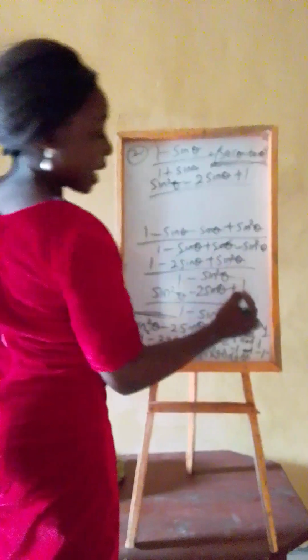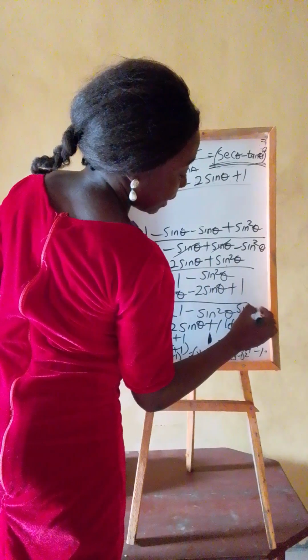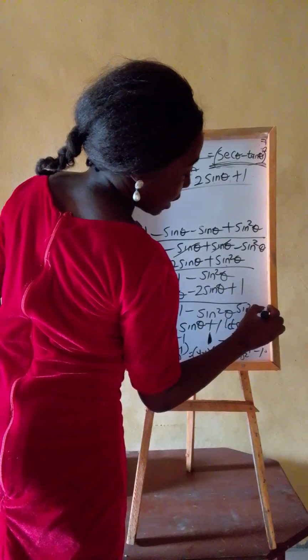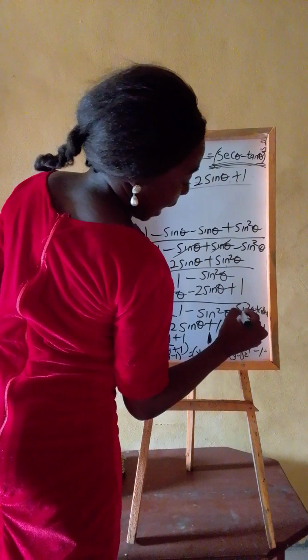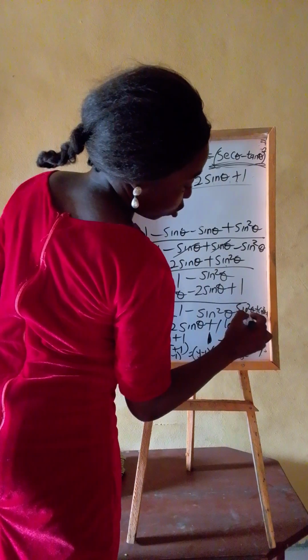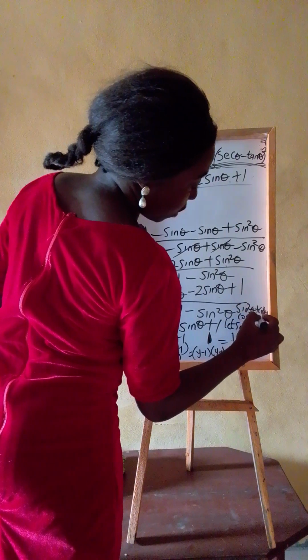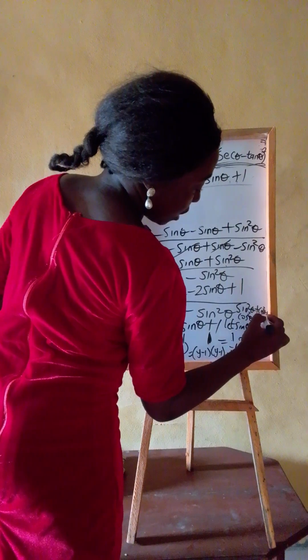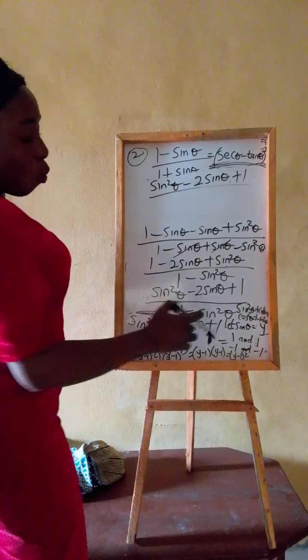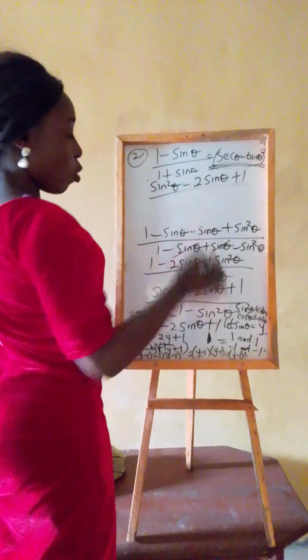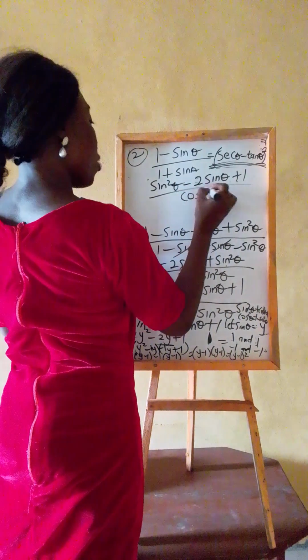Remember that sine squared theta plus cos squared theta equals 1, so cos squared theta is 1 minus sine squared theta. So this is going to give us cos squared theta.